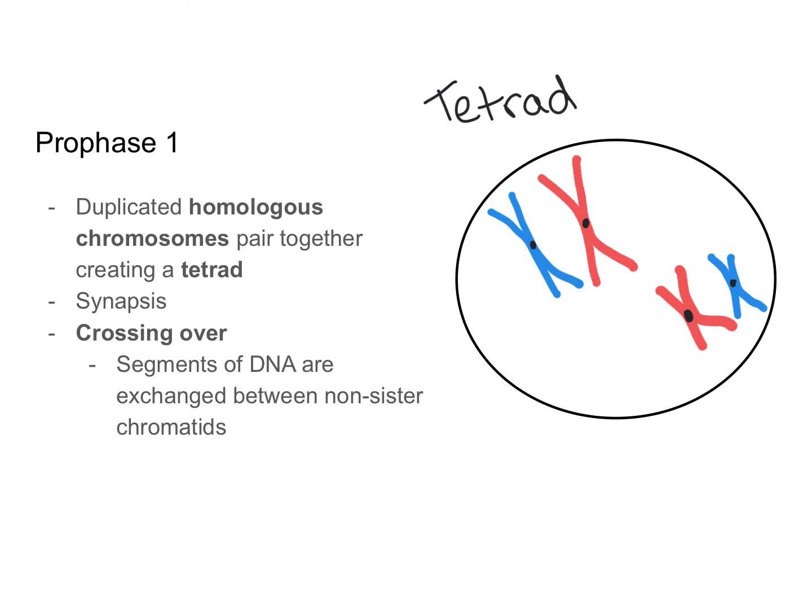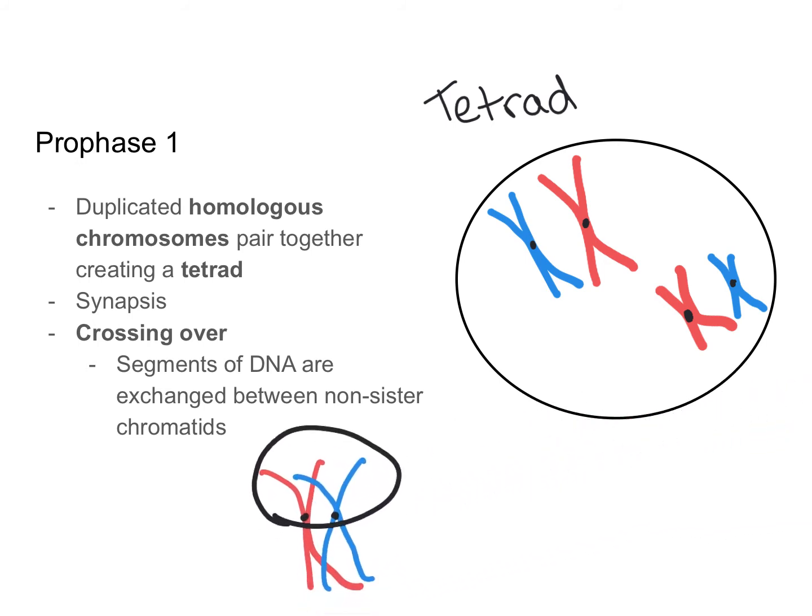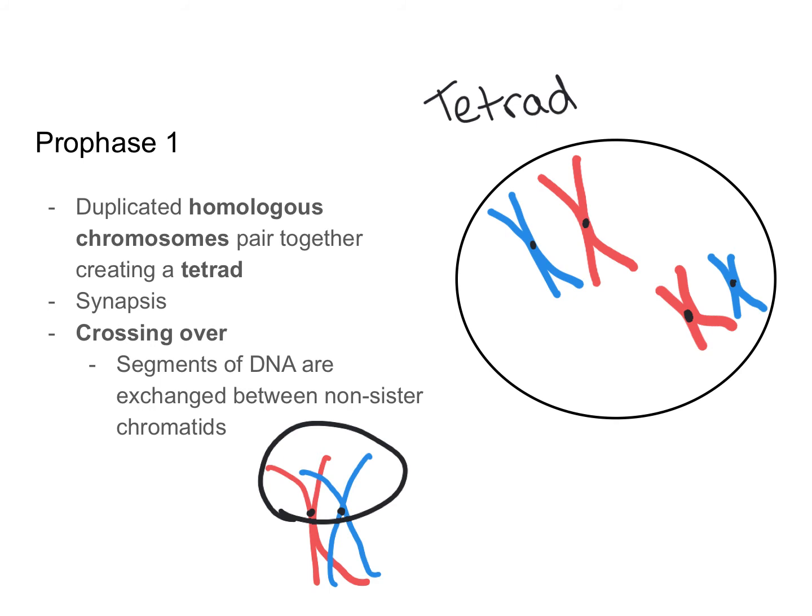All right. Third, we have a mix and match of genetic information called crossing over. So in the tetrad formation, the non-sister chromatids, so a chromatid from mom and a chromatid from dad, do this intertwining process with each other called synapsis. So you can see that the blue and red chromosome has come together to overlap so that they can exchange genetic information.